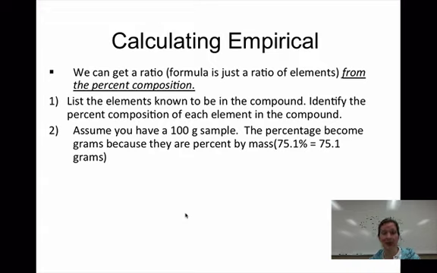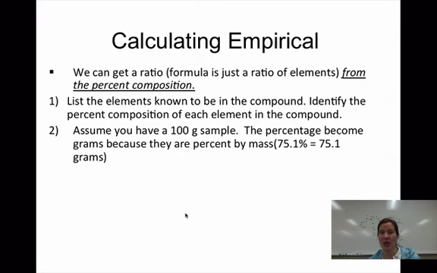Well, if I had 100 grams of this sample, then 75% would be 75 grams, okay? If I have 20% of this element in the sample, if I had 100 grams, that would be 20 grams. So choosing to say I have a 100 gram sample and therefore my percent equals grams is just an easy way to do these problems.